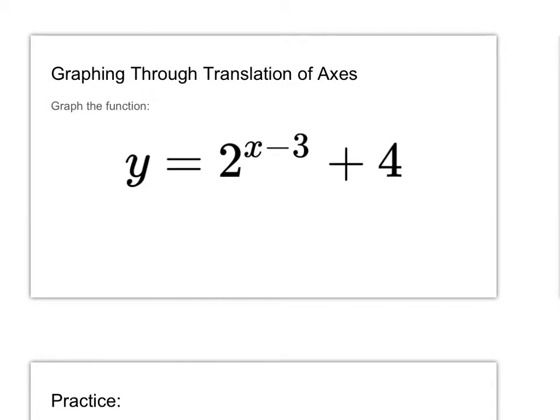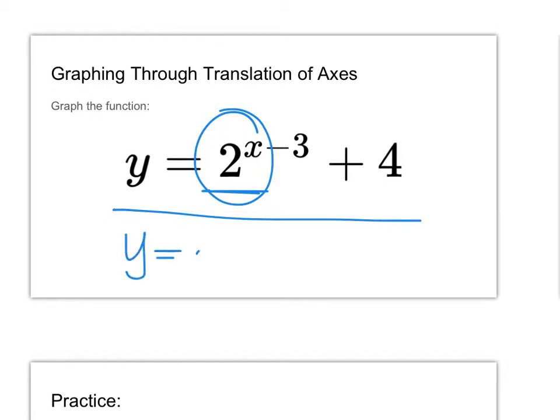When we graph exponential functions, first we have to check what is the base function. This y equals 2 raised to x minus 3 plus 4 is based on the graph of 2 to the x, which we learned how to graph earlier.